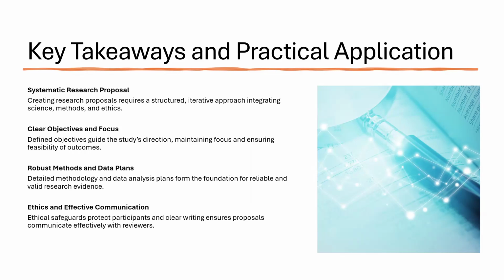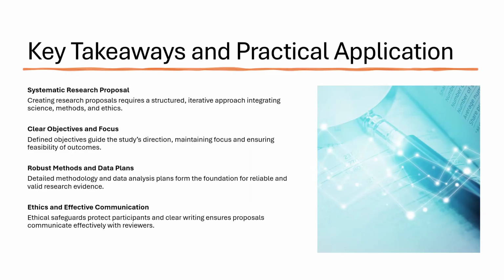Make sure that you are putting in the right keywords and using the right terms while writing, and it should look like a scientific proposal. It should not look like something that is just copy pasted from existing proposals or existing manuscripts. Your objective should be clear and focused. It should not be so broad that you are unable to make the reviewer understand what exactly you are going to do.